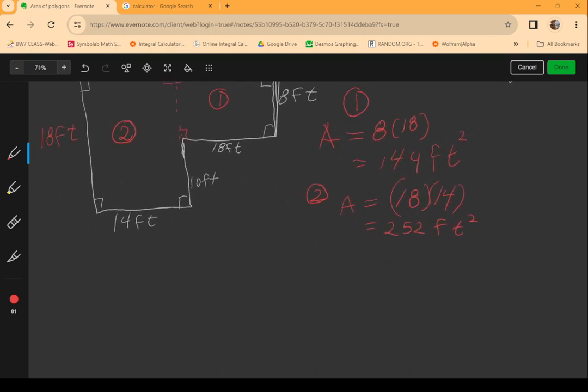My problem was to find the area of that figure, so that I'll label as the total area. The total area is simply 144 plus 252, which is 396. Make sure that your final answer has the proper units. Okay, so that is how we calculate the area of a figure like this.